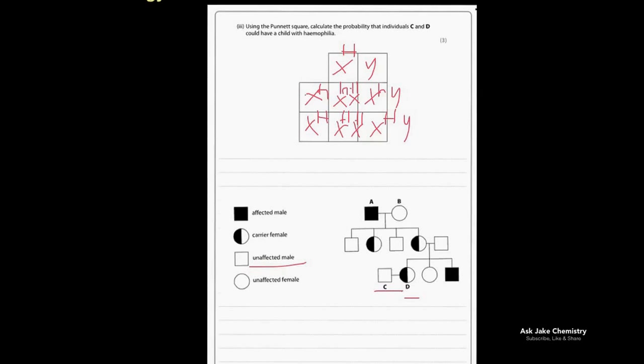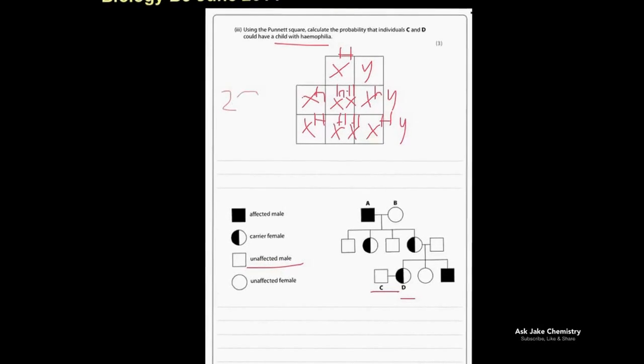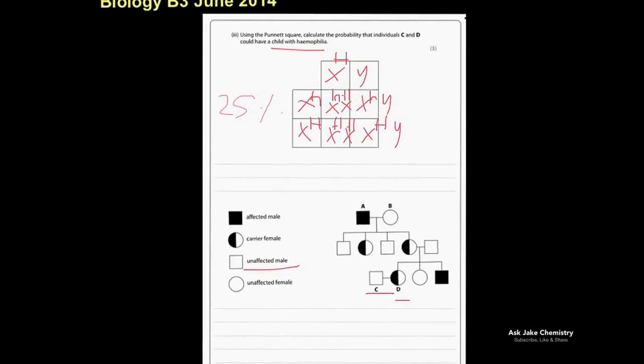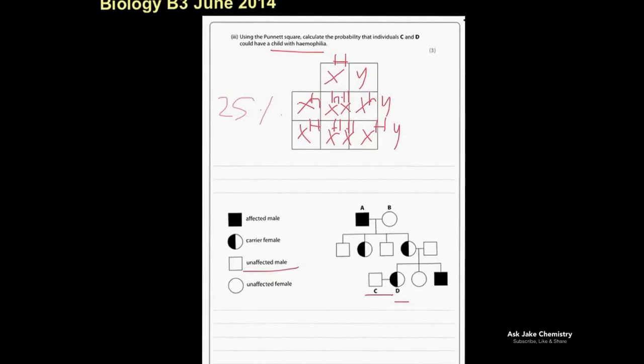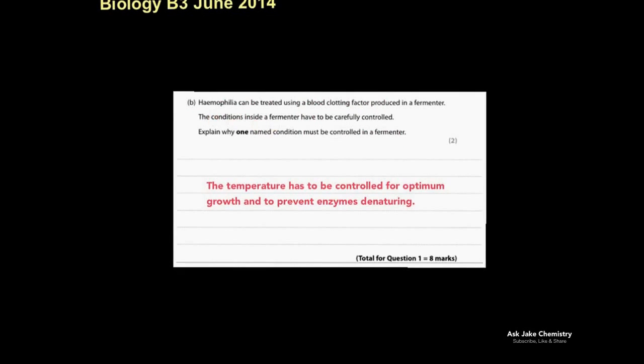So if you have to write something, it shows you which one could have haemophilia. Let me get a different colour. And you have to see, so it has to be a 25% chance. Can you see that?